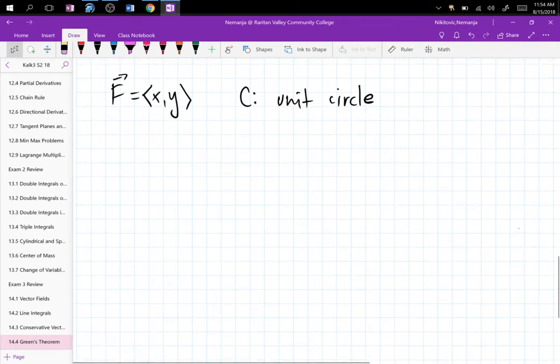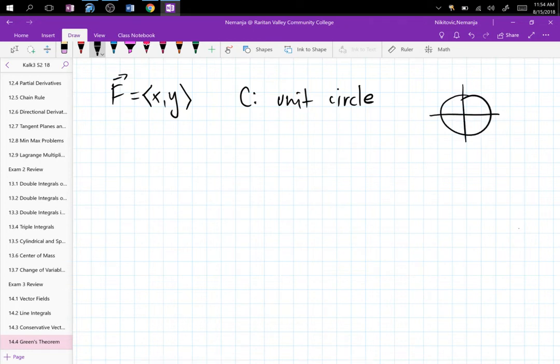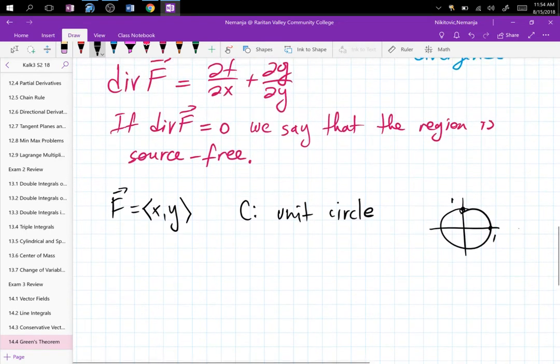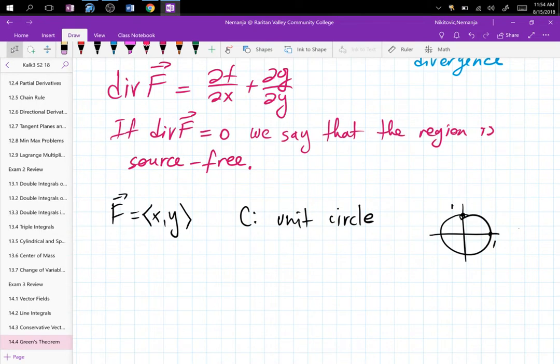All right, so now we have this, and then I can draw the unit circle on the side, say it's 1, so we know that much. And then I have the divergence. So we calculate the divergence of the field.